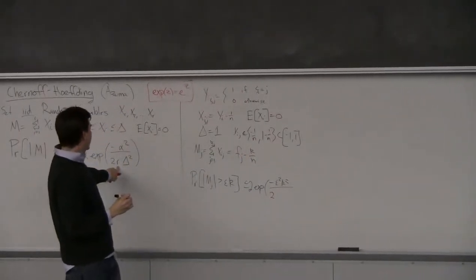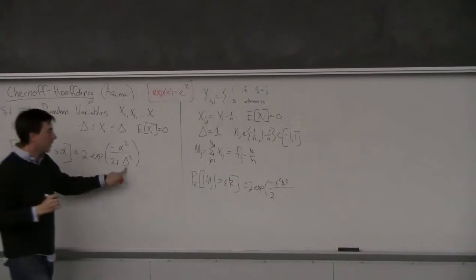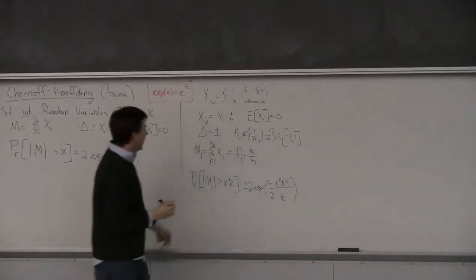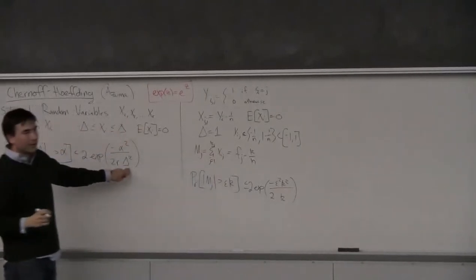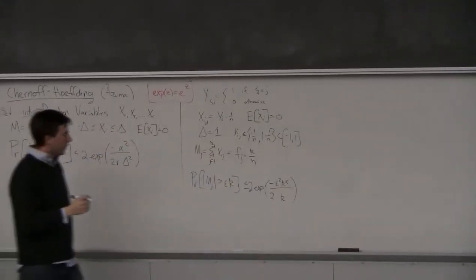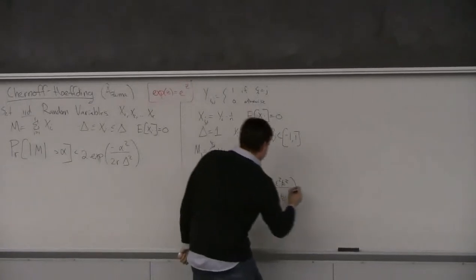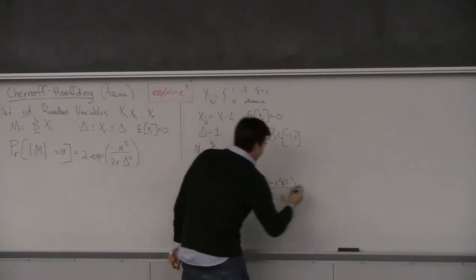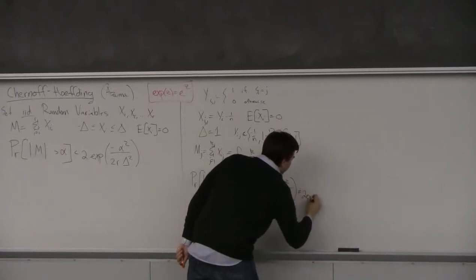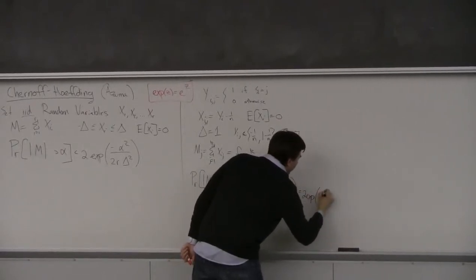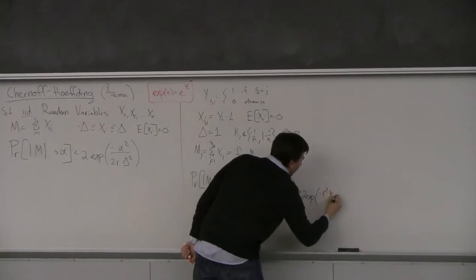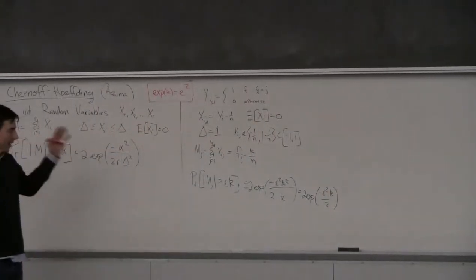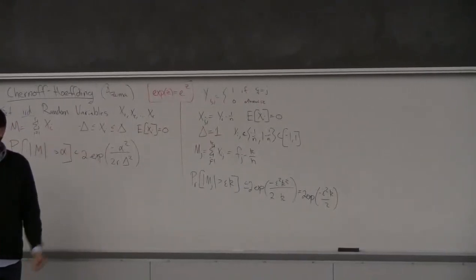In this case, r is equal to k, and delta was 1, so I don't have to worry about this delta. I can cancel one of the k's here. All right, so good. Now I have this thing written in terms of this exponential.